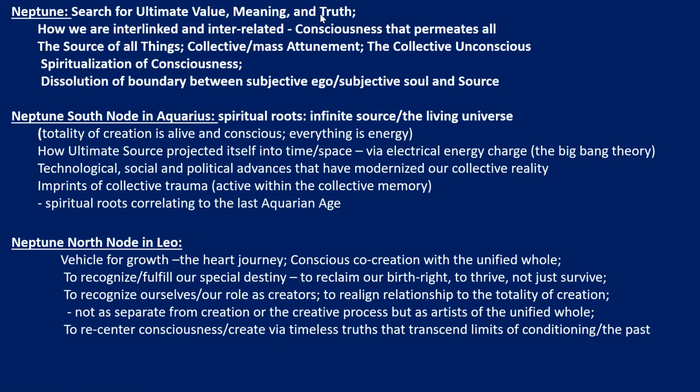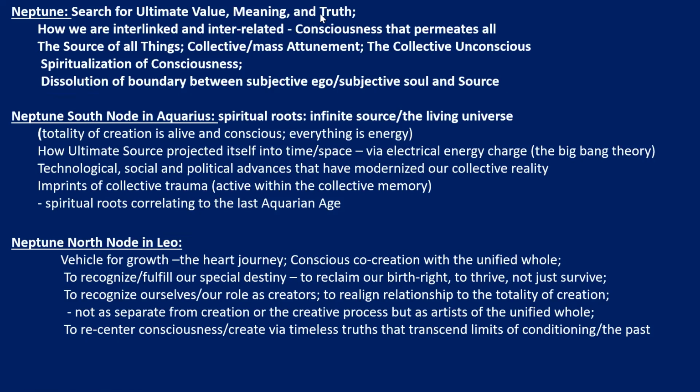This is a dissolution of boundaries between the subjective ego and subjective soul, between subjective soul and source. The Neptune South Node in Aquarius, this is how the ultimate source projected itself into the time-space by an electrical energy charge. It's the Big Bang Theory here. Really, the nodes demonstrate how we got here, okay?